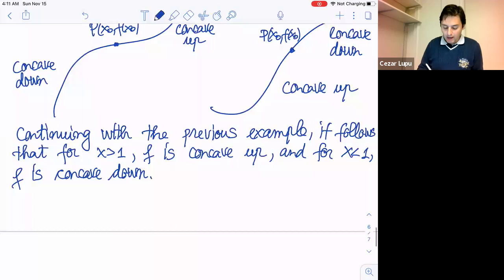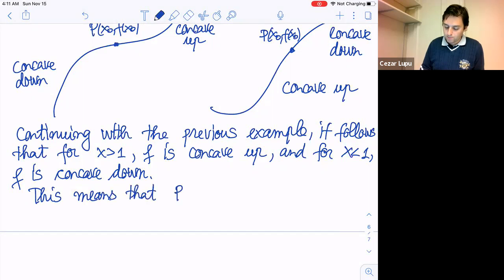Well, in this case, we can say that this point of coordinates 1 and f of 1 is an inflection point.